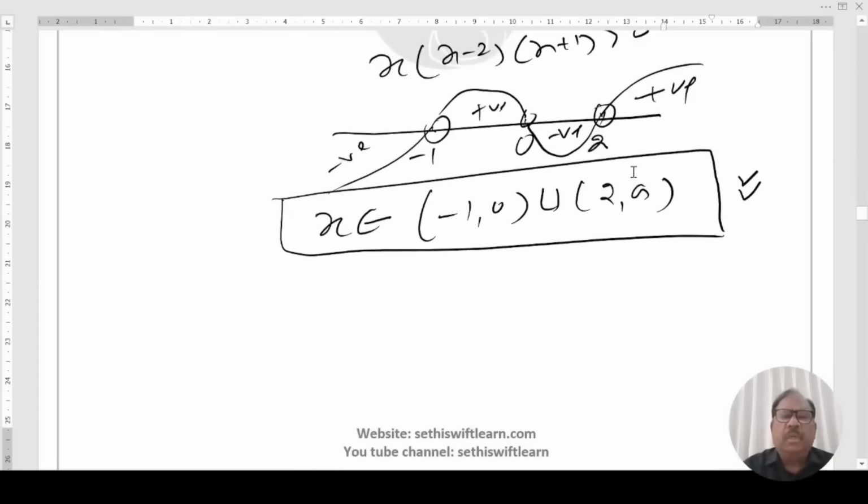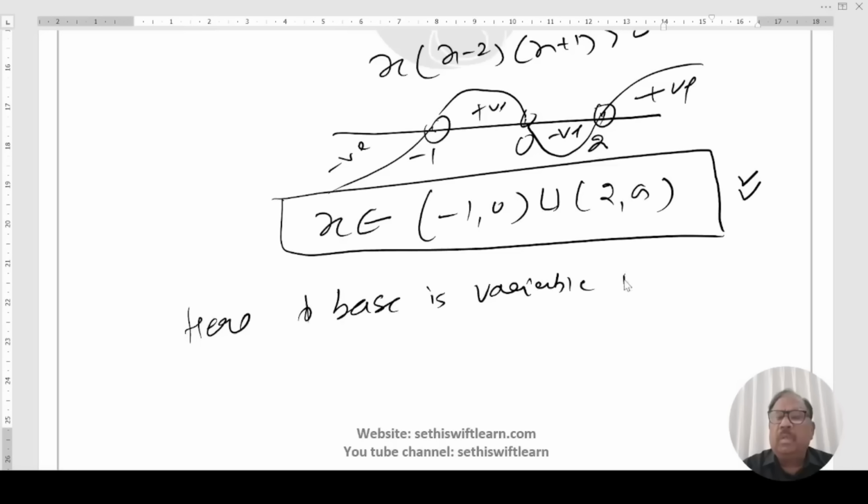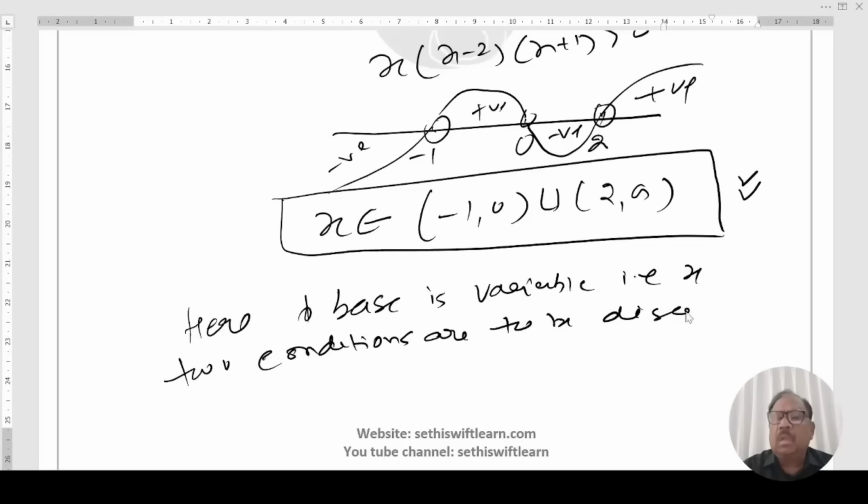Now, in this case, here the base is variable, that is x. Two conditions are to be discussed: one x greater than 1 and one x less than 1 and greater than 0.